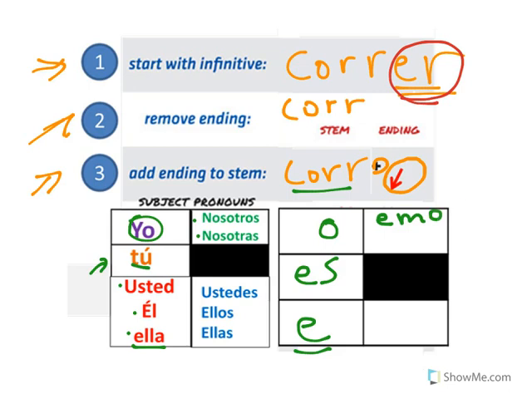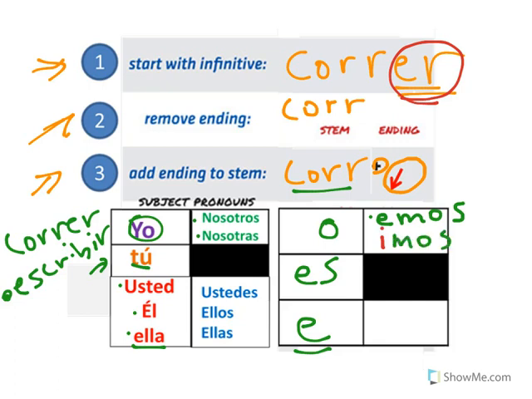Now, I'm going to write this real small because I need to write a second thing in that box. So, the difference between an ER verb, like correr, and an IR, like escribir, is that they will be different in the nosotros form. So, notice how here it was emos for correr. Well, if we are conjugating escribir, then this is where the change occurs. Instead of emos, it's going to be imos.